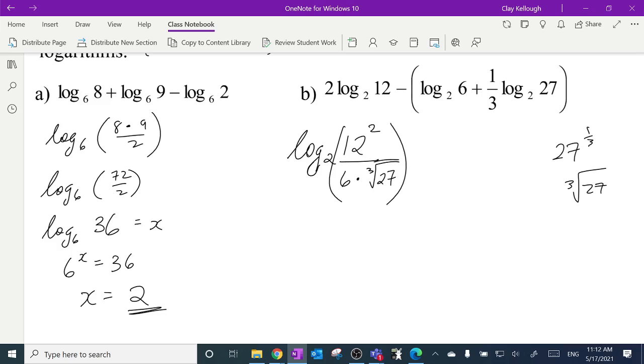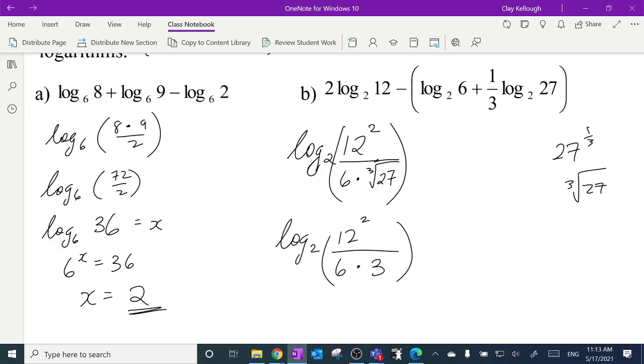There. Now it's all one log, and I think I can play with this without my calculator. I do know 12 squared is 144, or, oh, I got a better idea. I'm going to leave that right now. And I'm going to take 6 times, the cube root of 27 is 3.